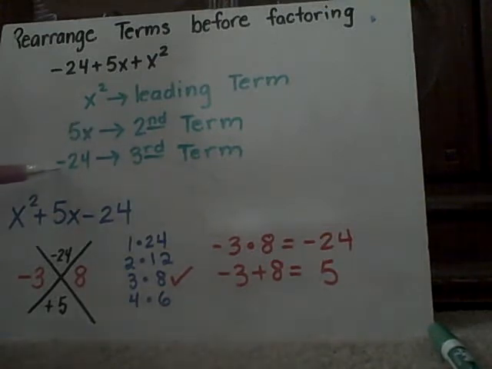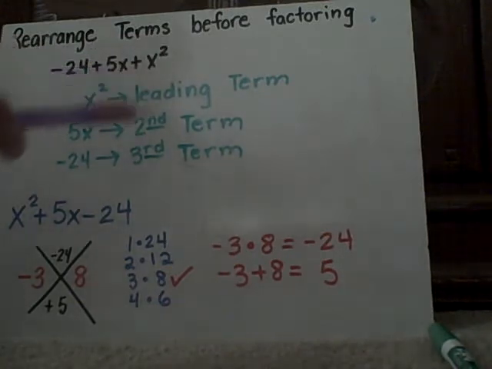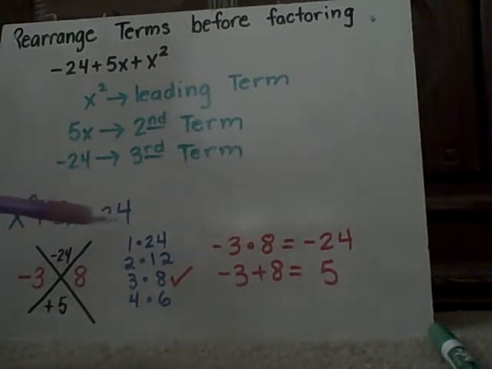And then the third term should always be the constant, which is the one that does not have a variable attached. So in order to do this problem, we first have to write it in the standard form, which is x squared plus 5x minus 24.